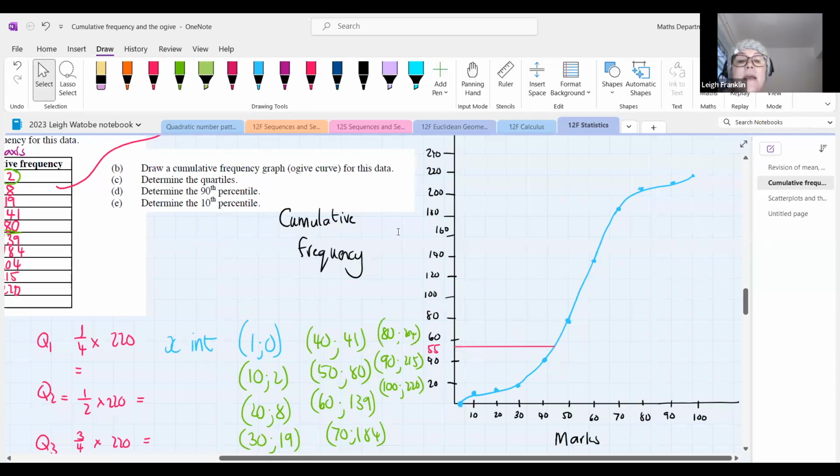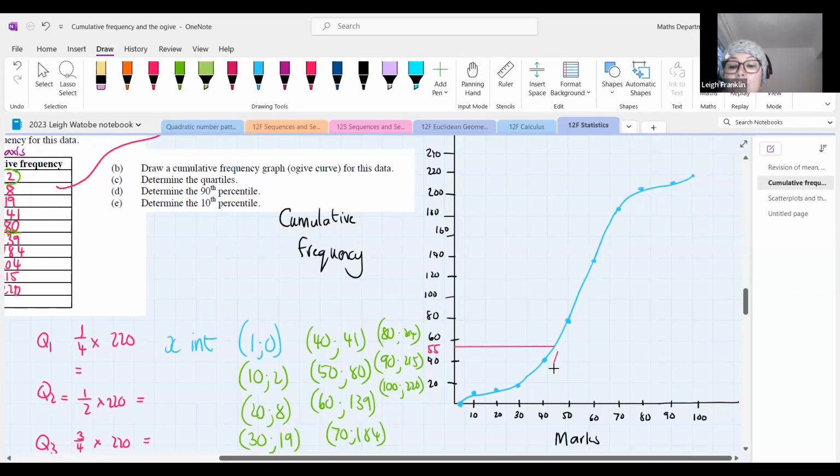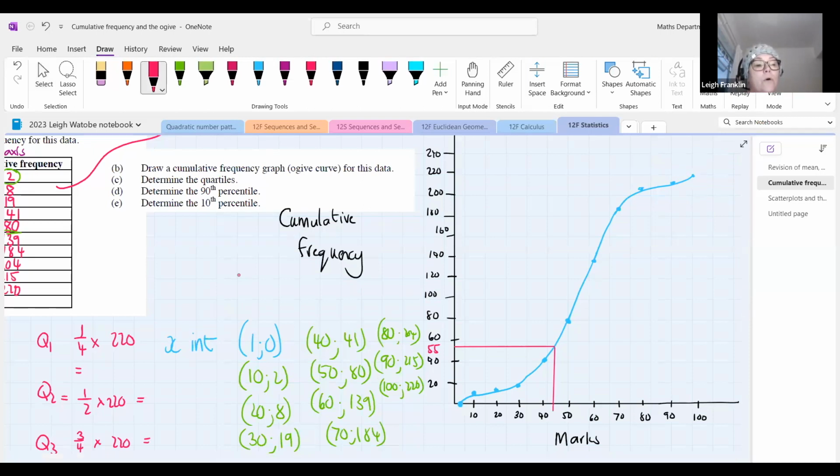Then you're going to come down and read off. So we would say that the lower quartile looks somewhere between 40 and 50, maybe about 44. So 44% would be your lower quartile.